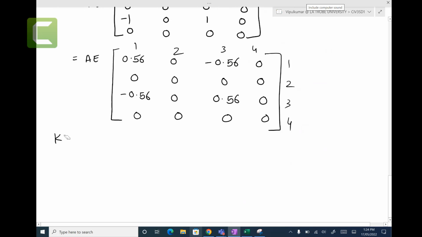K3. Let's draw the third member. Member 3.